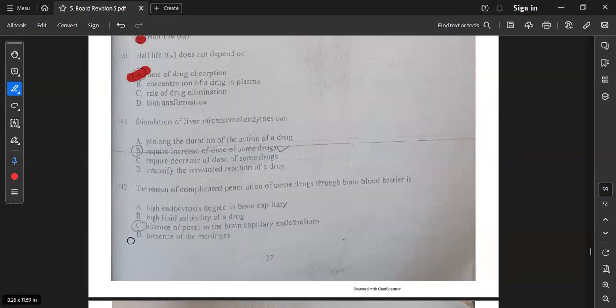Moving on, the reason for complicated penetration of some drugs through the blood-brain barrier is: high endocytosis degree in the brain capillary, high lipid solubility of a drug, absence of pores in the brain capillary endothelium, and the presence of the meninges.